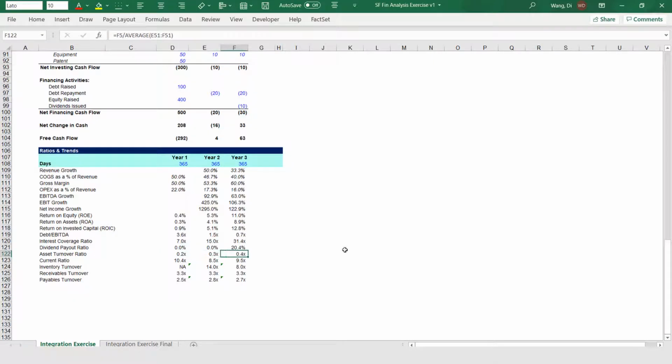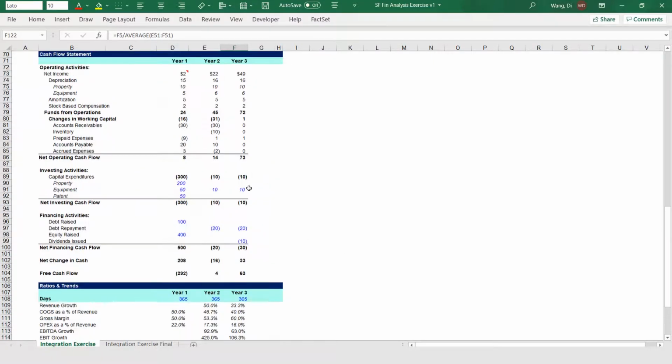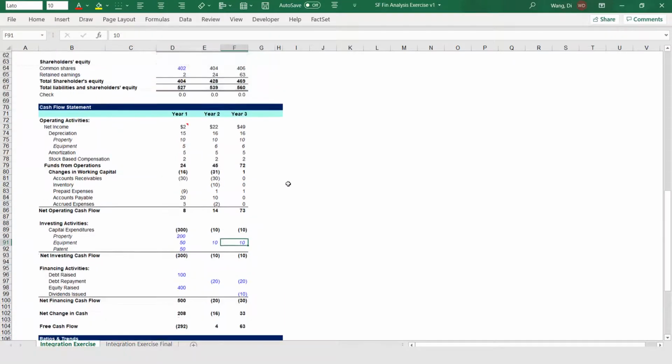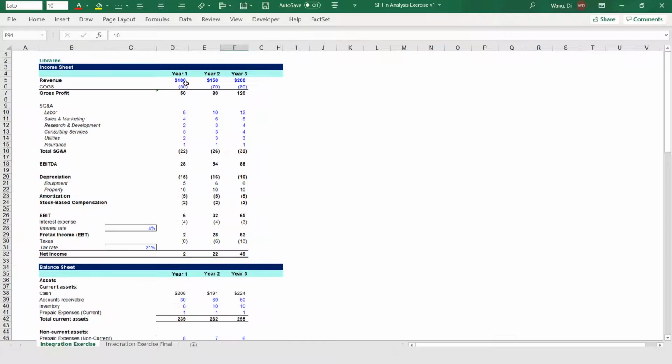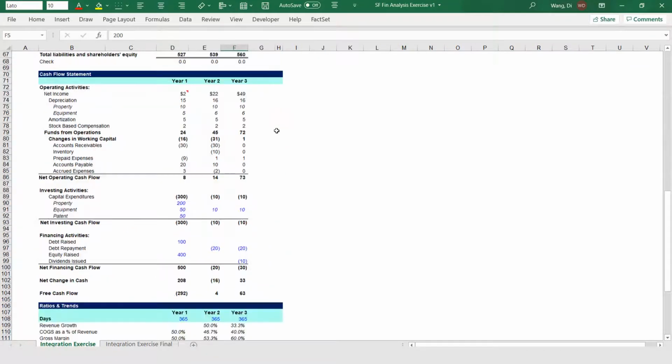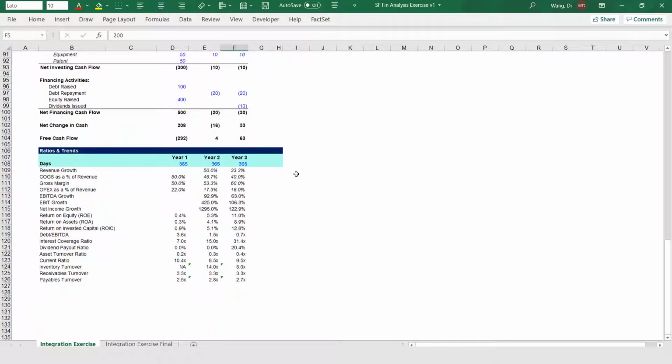Generally, what that means is with the same amount of assets, and you can see we haven't really increased assets by all that much, maybe just $10 a year in additional equipment, we've been able to generate substantially more in revenue. So we're more efficient with our asset usage.